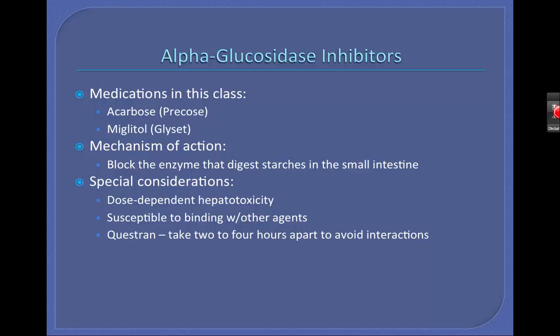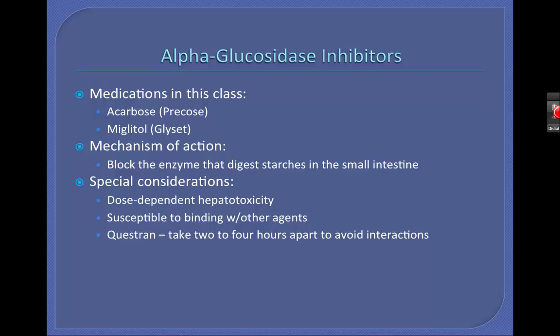Alpha-glucosidase inhibitors. The medications in this class are Glyset or Precose. The mechanism of action is it blocks the enzyme that digests starches in the small intestine. Special consideration: dose dependent on if the patient has liver dysfunction or hepatotoxicity.